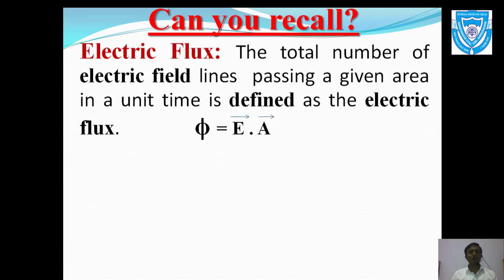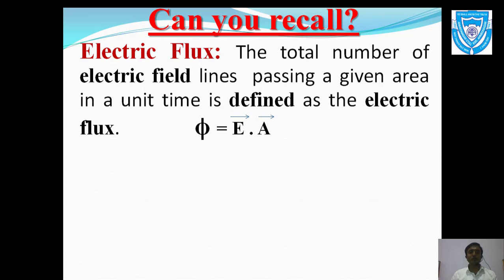Can you recall what is electric flux? Yes, the total number of electric field lines passing through a given area in unit time is defined as the electric flux. The symbol for electric flux is phi and the formula is E bar dot A bar, where E bar stands for electric field and A bar stands for area vector.